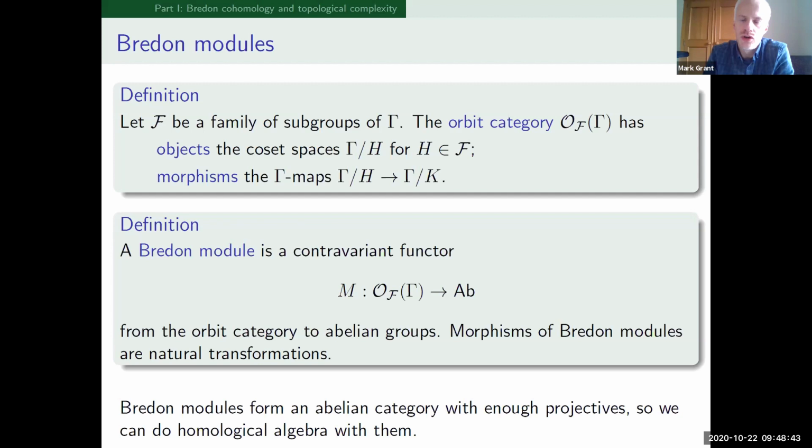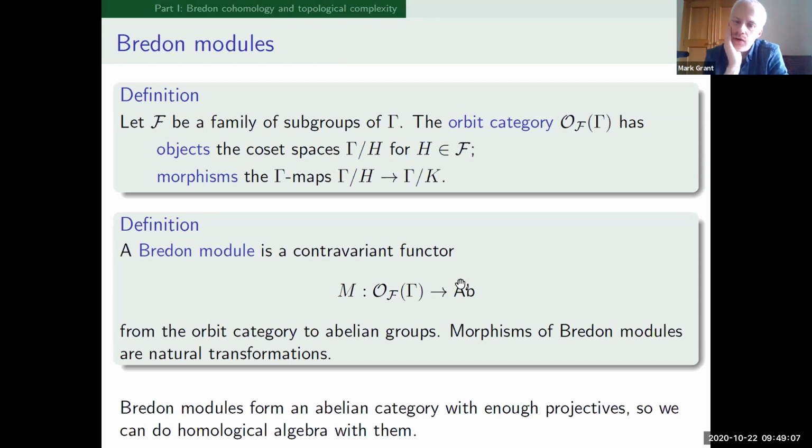And then a Bredon module, or a module over the orbit category, is just a contravariant functor from the orbit category to abelian groups. And morphisms of Bredon modules are natural transformations of functors.